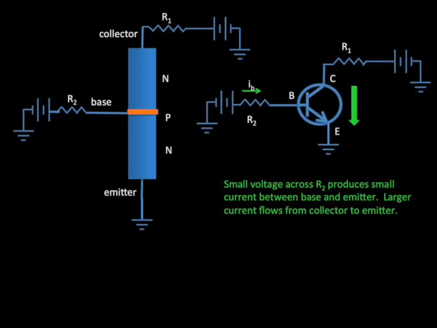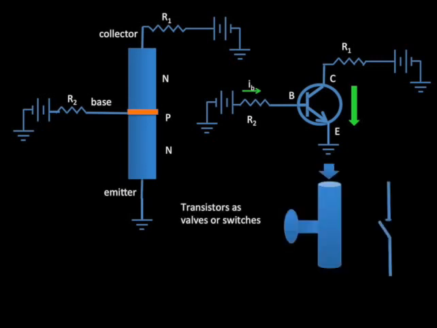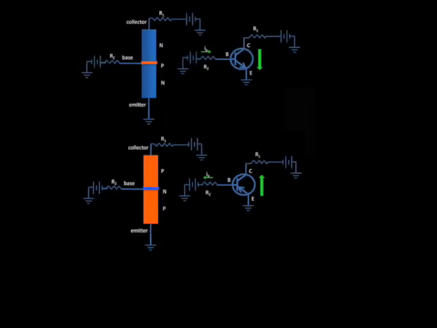Therefore, a large current flows from the collector to the emitter. This is analogous to turning a control valve to open the flow through a pipe or closing a switch to provide a path for a current to flow from the collector to the emitter. The story for a PNP transistor's operation is similar, but the forward bias voltage and the current directions are reversed.